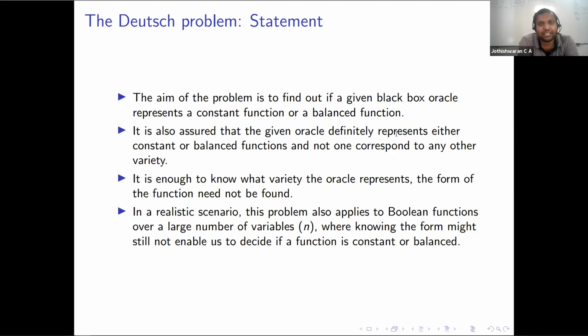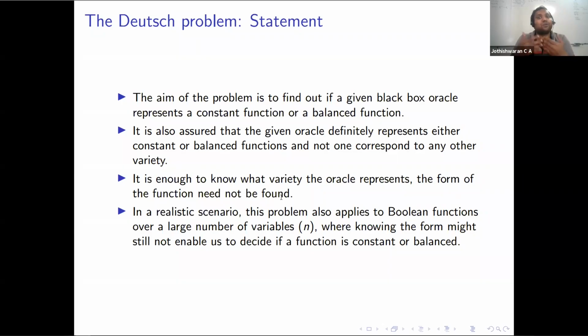Now, obviously, at this point, people can stop and ask, what is a black box oracle? Since even to build that black box oracle, I need to know what the function is. So why does this problem even make sense? In a realistic scenario in our world, we can think of it this way. Let us have a very large Boolean function, say one that acts on 200 or 300 variables, that has a very definite expression.